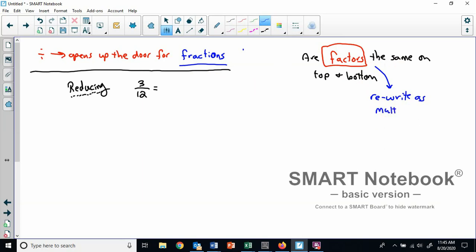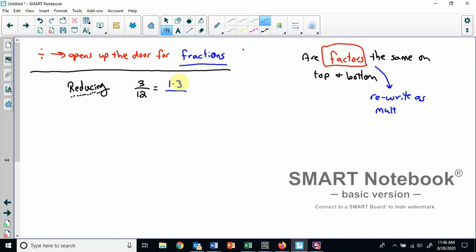Okay? So for instance, 3. What are the only things that multiply to give you 3? 1 times 3. That's the only thing I can come up with to multiply to give you 3, as far as pretty numbers go, whole numbers, integers. Now 12 can be lots of things, but I don't want you to go with the whole factor tree and write out every single factorization of 12.